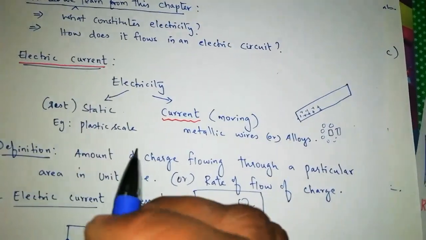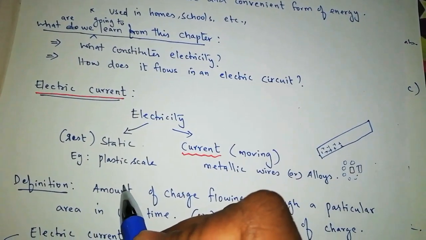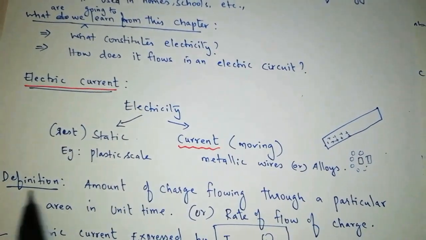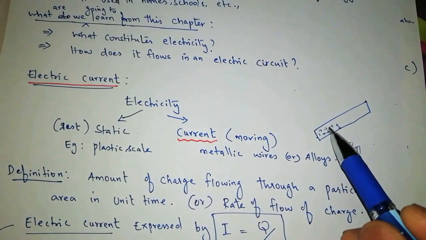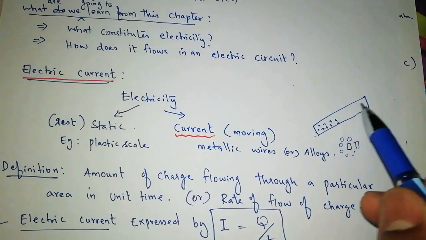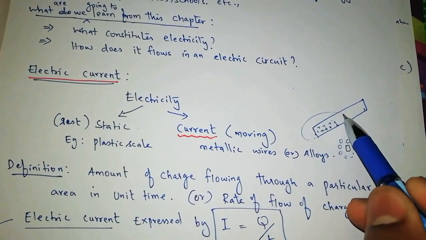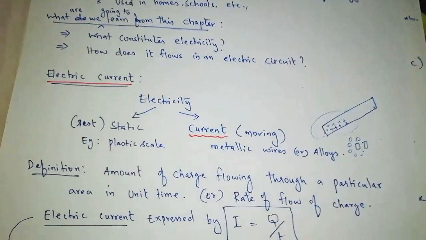Yes. So the plastic scale also got some electricity. That means that electricity is static electricity. Why am I saying that it is static electricity? Because it's not moving from this end to that end. If I rub here and it accumulates charges only here, it's not moving. Okay, that is static electricity.